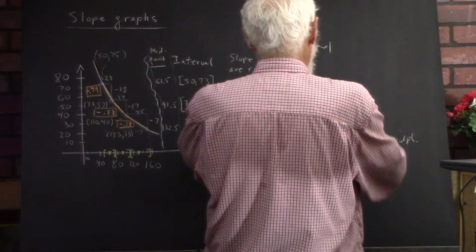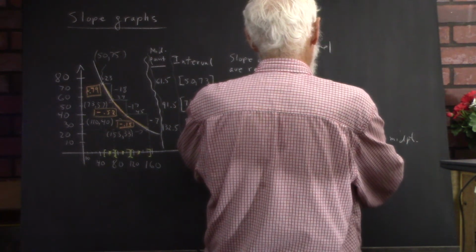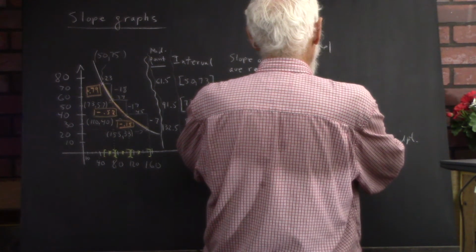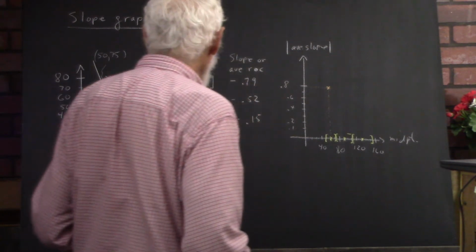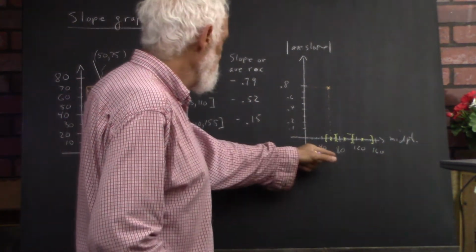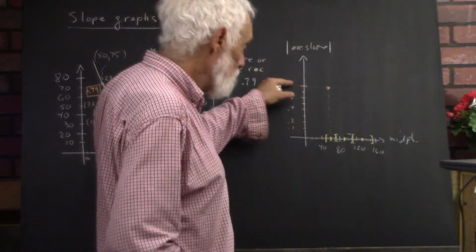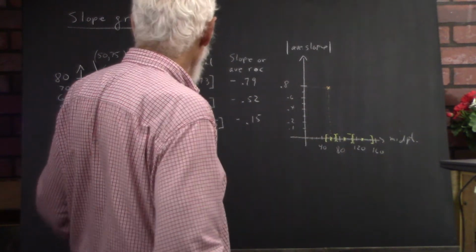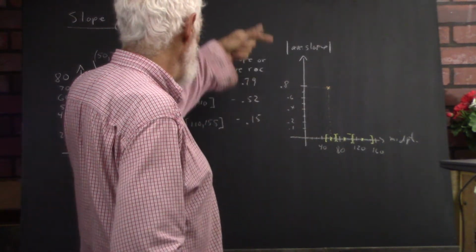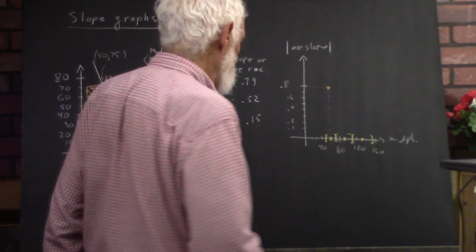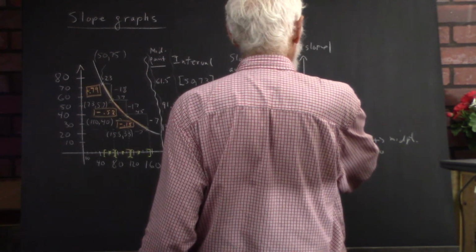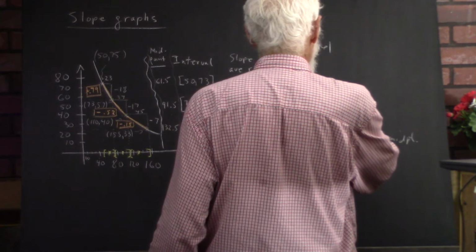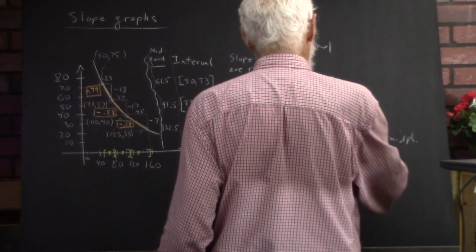I'm probably blocking the board, but I want to do this with some accuracy. So there is this point, slope magnitude versus midpoint. Then it's going to be 0.52 here and 91.5 here. There's 0.5, so 0.52 is going to be along this line.